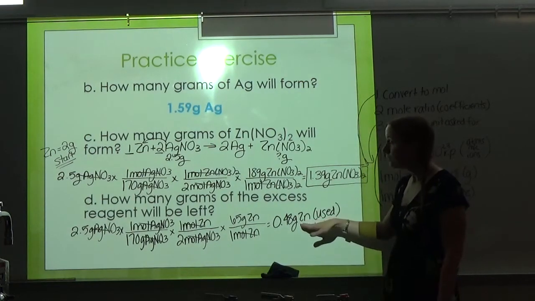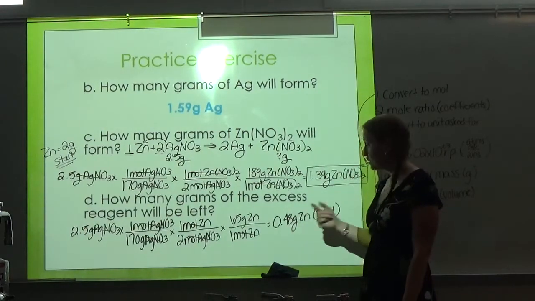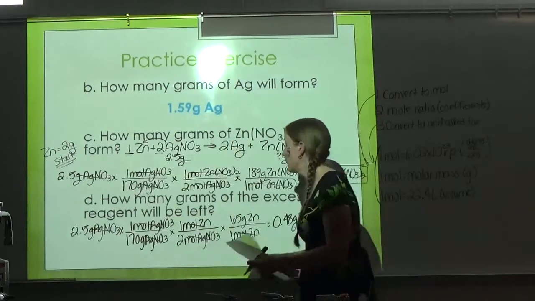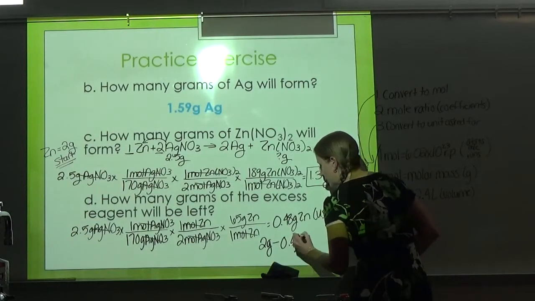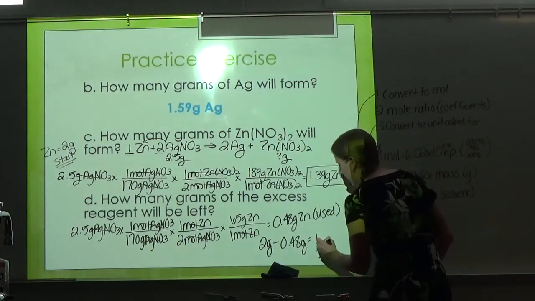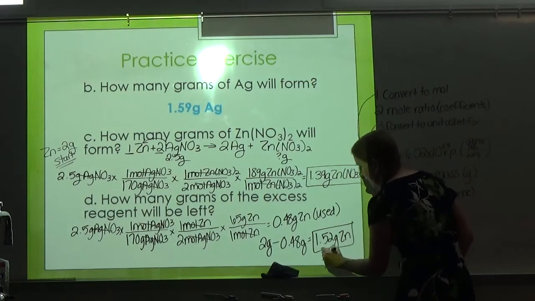This is how much we needed to react with that 2.5 grams of silver nitrate. So 0.48. Remember, we started with 2 grams. So I take my starting amount, 2 grams, and I subtract how much I used, 0.48 grams. And so once I subtract that, I get 1.52 grams of zinc, and that is my excess.